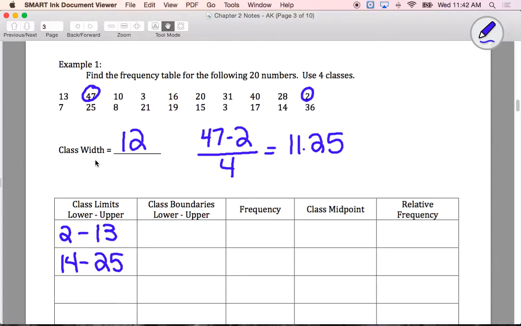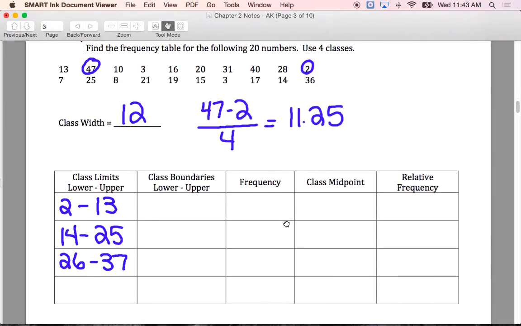Now, if you're wondering, why am I adding 11 every time? What's this about 12? There are 12 numbers. So if you count out from 14 to 25, you are counting out 12 numbers. The class width is how many numbers are in each row. There are 12 there. So when I go to my next group, we are 26 to 37.